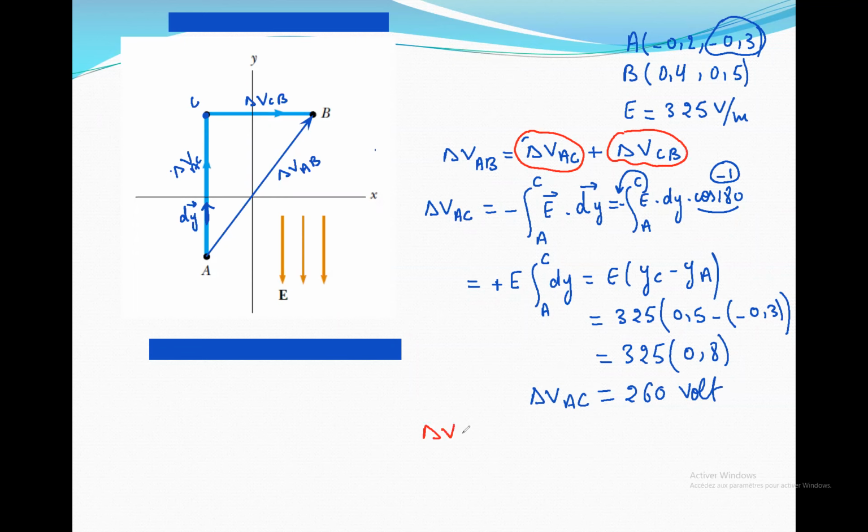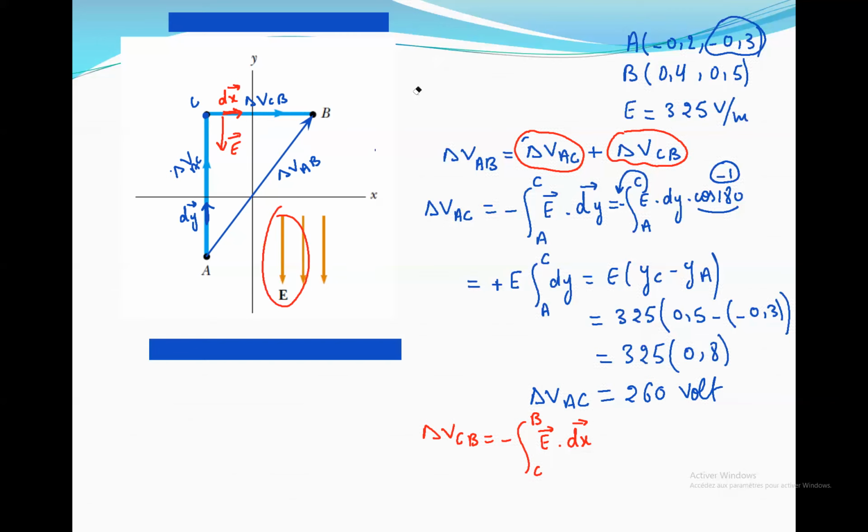Delta V CB equals minus the integral between C and B of E dot dS. From C to B, we are along the x-axis, so dS must be dx, a small portion along the direction from C to B. We are going from C to B. Here we have dx, and here we have E, which is downward.